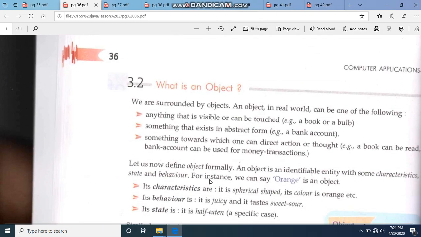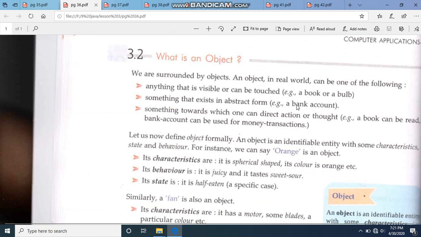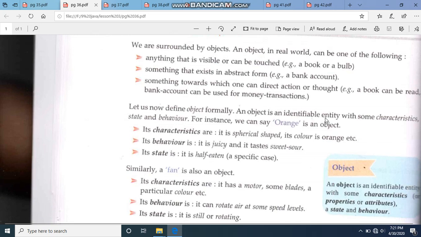And you can see here, what is an object? We are surrounded by objects. An object in the real world can be any one of the following. It can be a book, or it can be an abstract form that you cannot touch, like a bank account. Then something towards which one directs action or thought, like a book can be read, or bank account transactions.